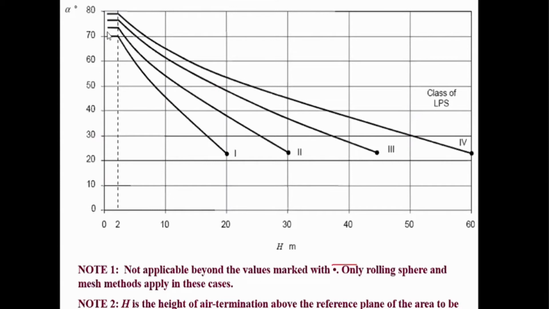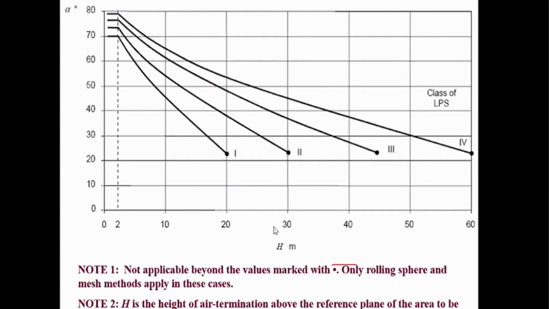This curve shows how the angle changes with the height of the building and with the level of protection. Now, for example, if we have an air termination, the tip of which is at a height of say 30 meters, and if we are applying level 3 protection, the protective angle is somewhere around 36 or 37.